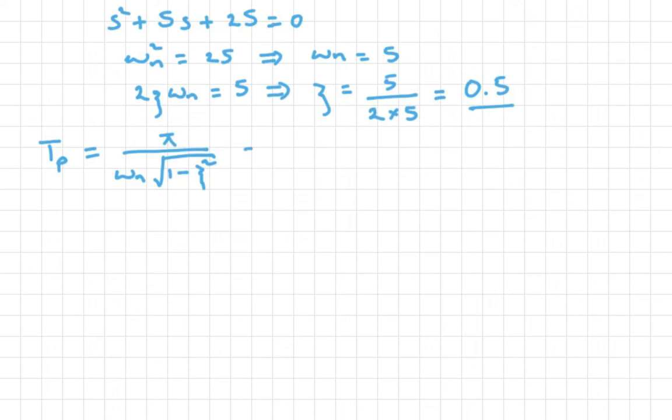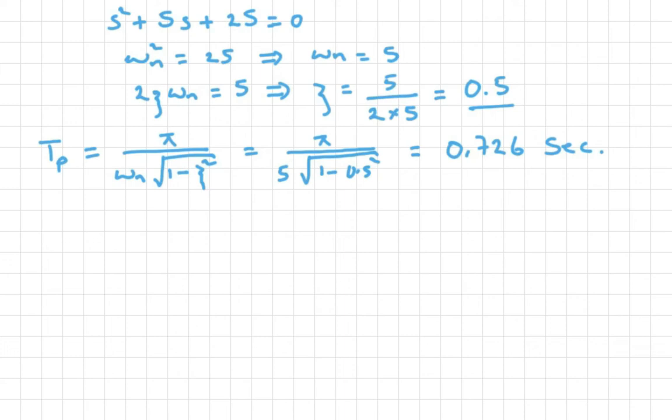If you substitute the values, this will be pi over 5 square root of 1 minus 0.5 squared, and this will give us 0.726 seconds.